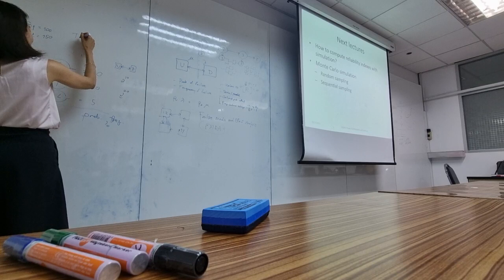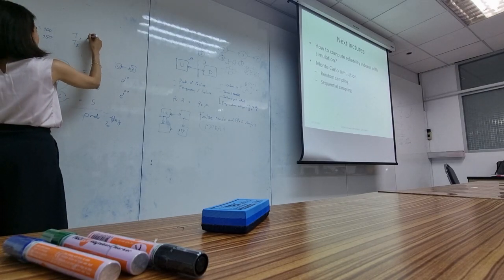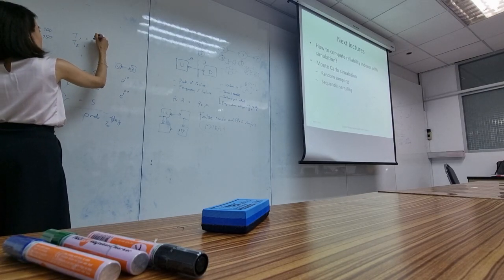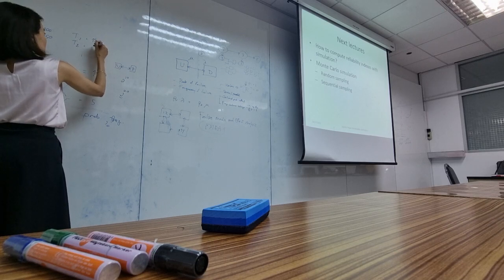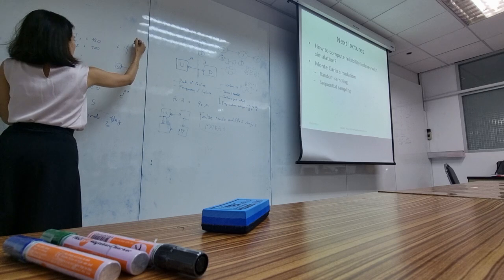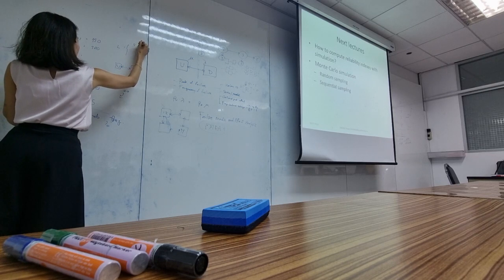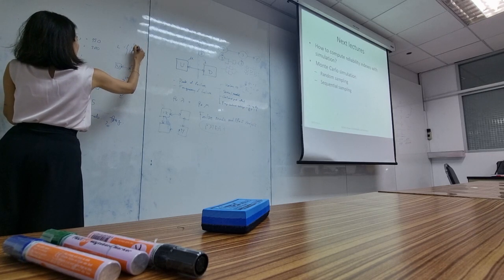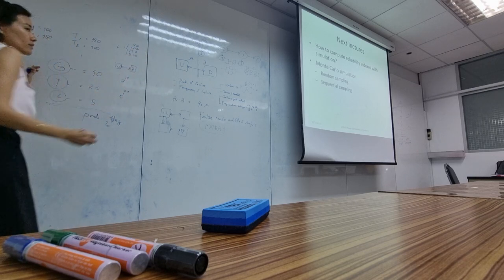Transmission 1 can give 150, transmission 2 gives 100, and then you have the load that can be 50, 100, 150, 200.